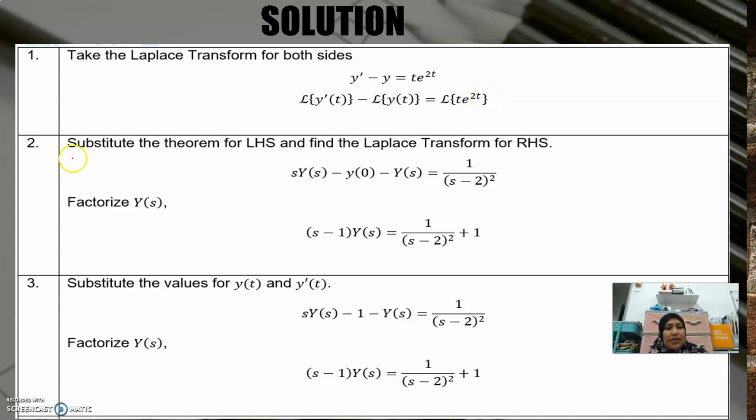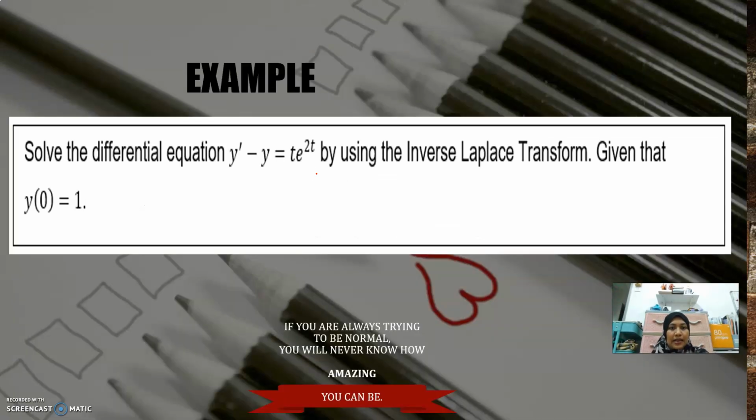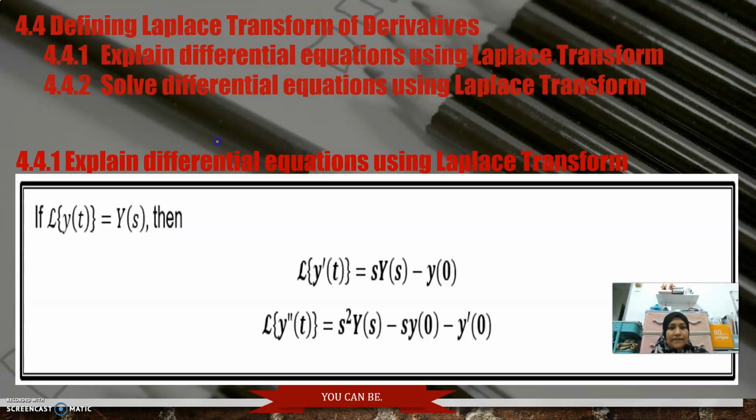Step number 2, substitute the theorem for left hand side and find the Laplace transform for right hand side. Now here is the step where we are going to use the formula we saw just now.